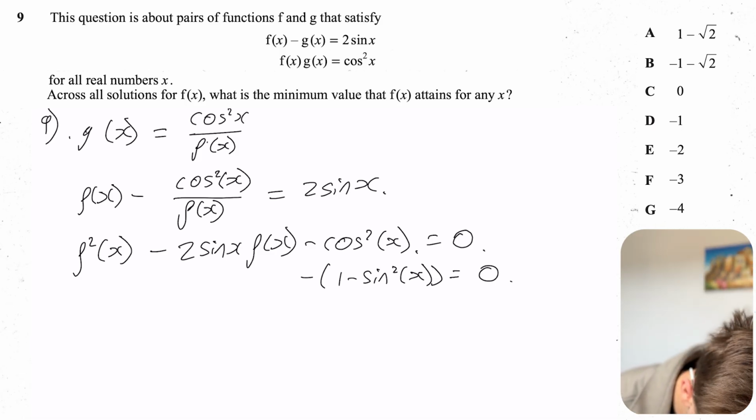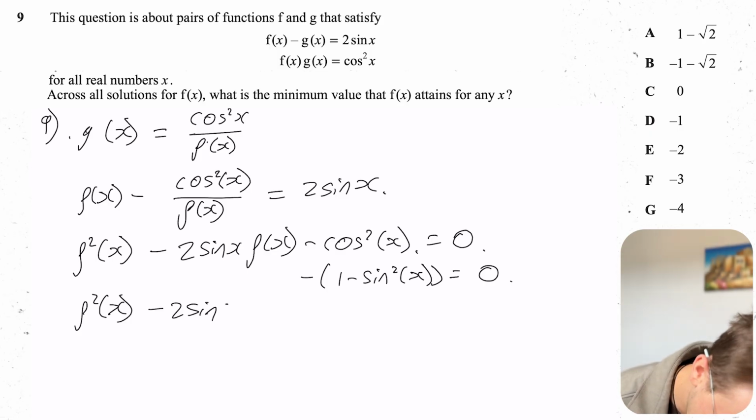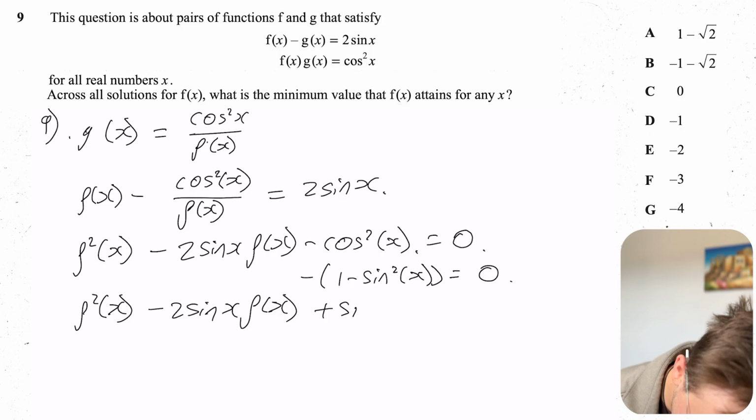So I've got f squared of x minus 2 sine x f of x plus sine squared of x minus 1 equals 0.